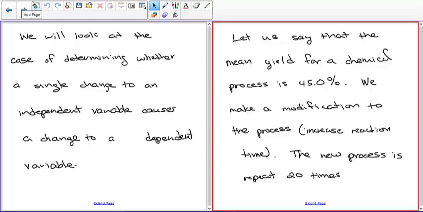We're going to do a chemical process. So let's say that you've been running this chemical process for a year, and the data, a huge amount of data, says that the yield for the old process is 45%. If you make paper, you bring trees in and you get fiber out, and there's yield.